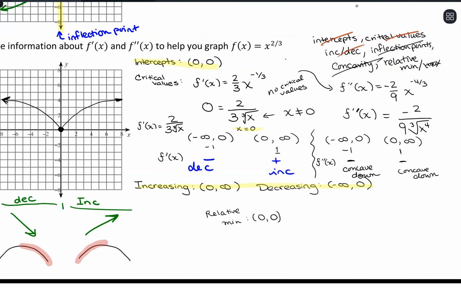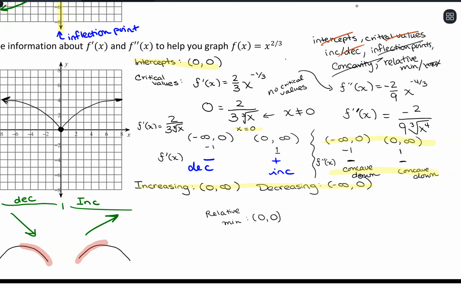So again, it was intercepts, looking for critical values, using those to find increasing, decreasing. Then from there, looking for inflection points to set up those intervals so you can describe concave up or concave down. For us, our interval, it was concave down.